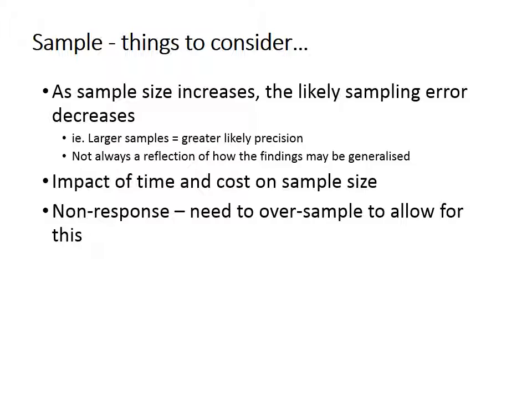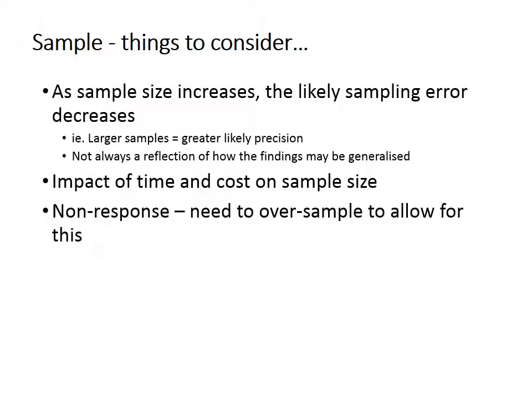Do you need to oversample to allow for non-respondents? There will always be individuals who don't respond to your request to participate in research. Even within your own institution, you will get some participants who will not respond to the request. So do you have to then increase the sample size slightly to accommodate this non-response?